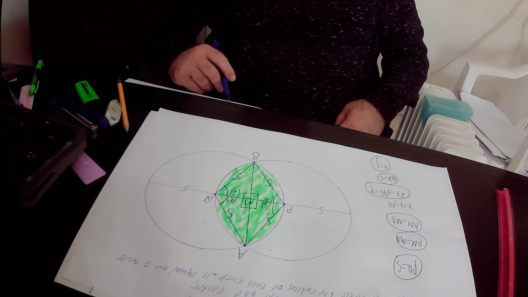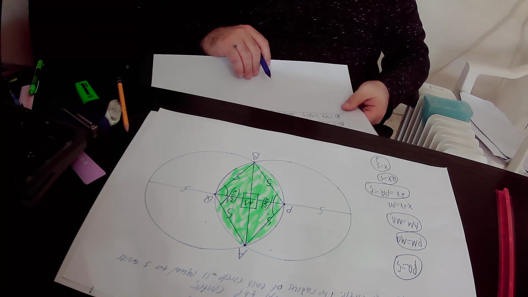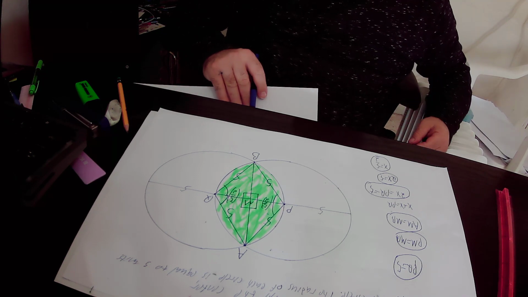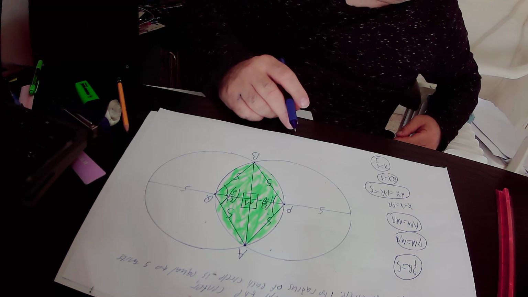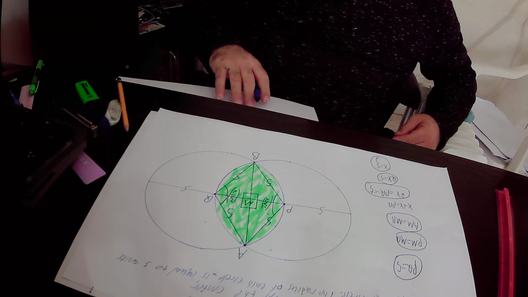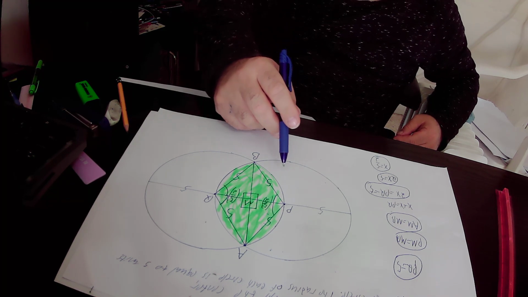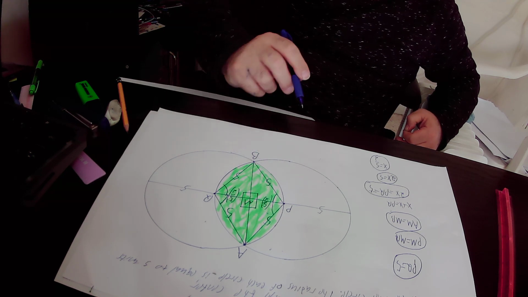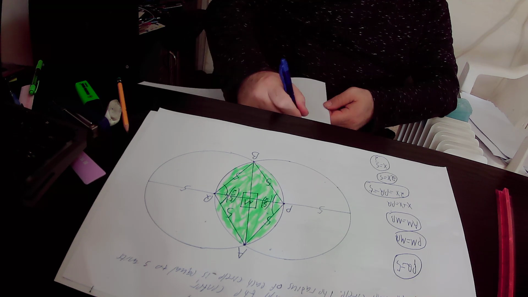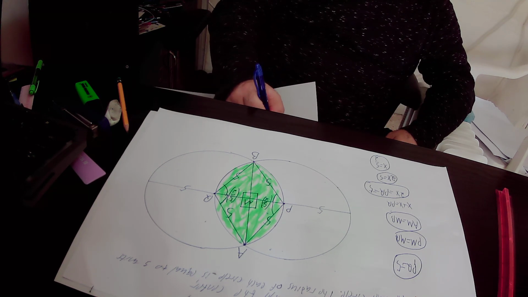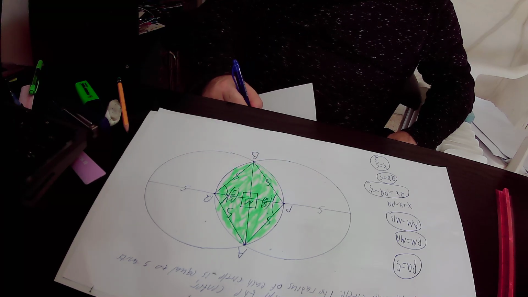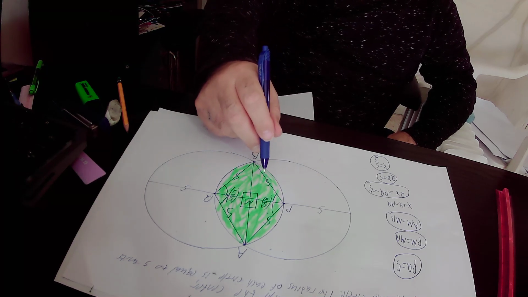On those four angles, we know that the cosine of each one of the four angles will be equal to 5 over 2 over 5.